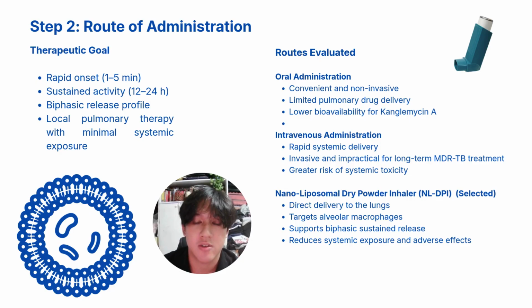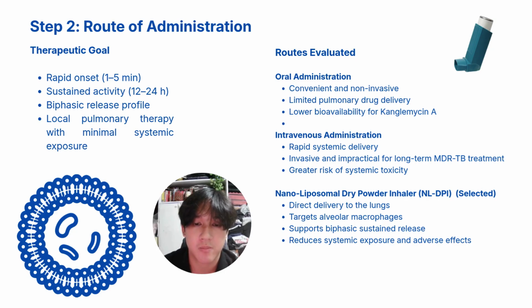After selecting the drug candidate, we determined the most appropriate route of administration. Oral delivery is simple, but only a portion of the drug reaches the lungs because it must first be absorbed and distributed throughout the body. Intravenous delivery provides rapid systemic exposure, but is invasive and may increase unwanted side effects.